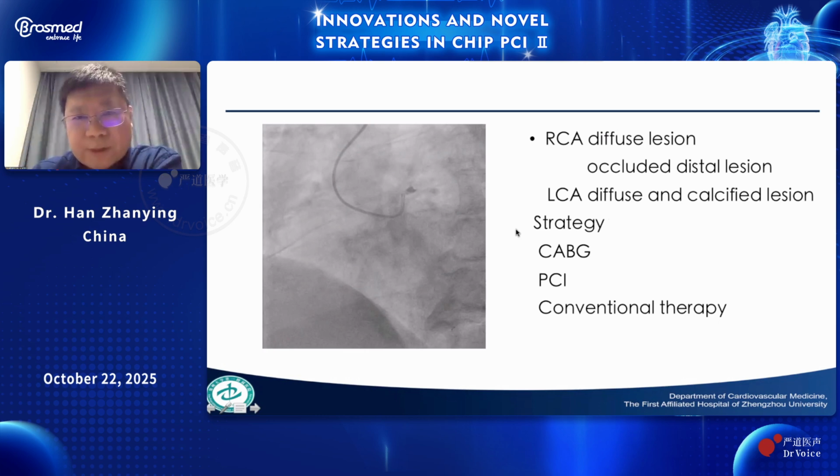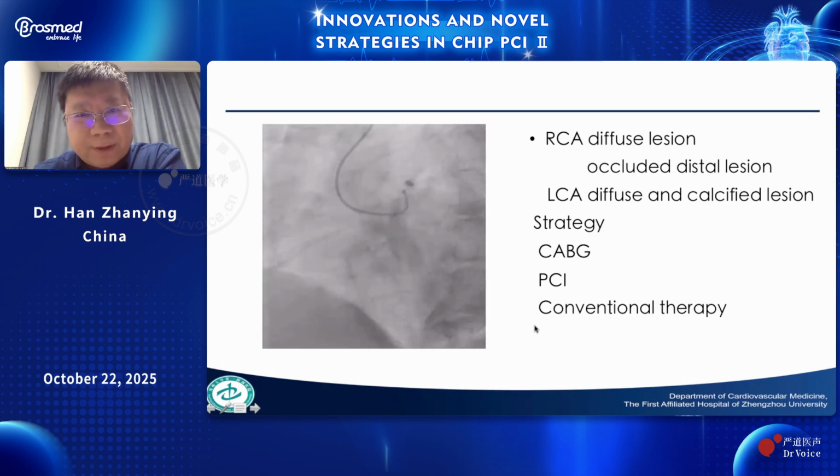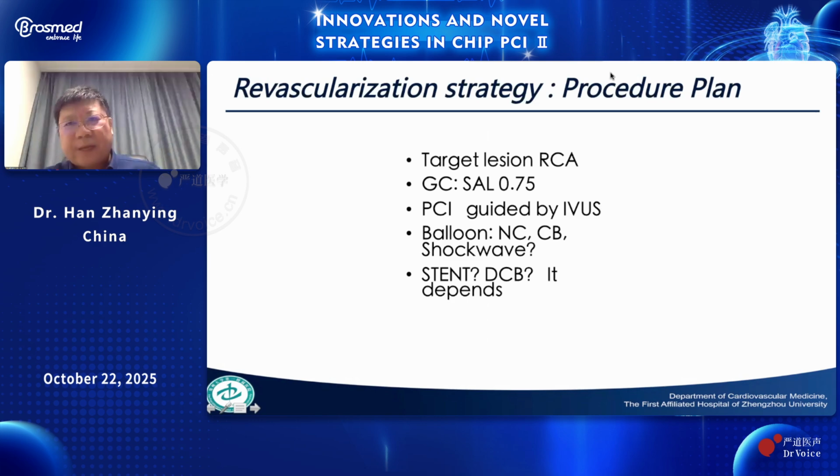So what's the strategy for this coronary artery disease, and how do we choose the strategy for revascularization? Maybe CABG or conventional PCI therapy. We have chosen PCI for this patient because many patients in China, in Asia, refuse CABG. They prefer to choose the PCI strategy.